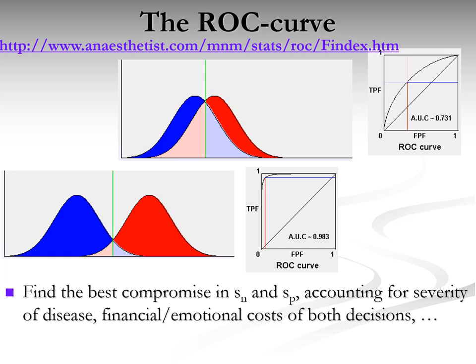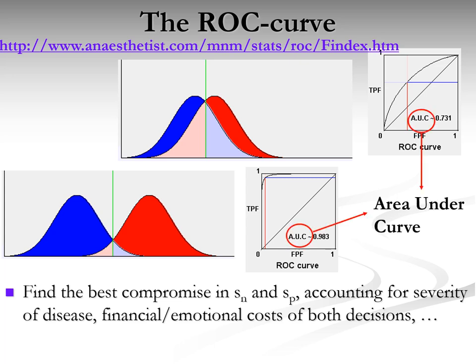Whereas in the first plot, in the upper plot, there is a large surface of false positives and false negatives, in the plot at the bottom, it's clear that these two surfaces are much smaller. This is also reflected in the ROC curve. You can see that here the ROC curve is much higher, much farther away from the diagonal line.